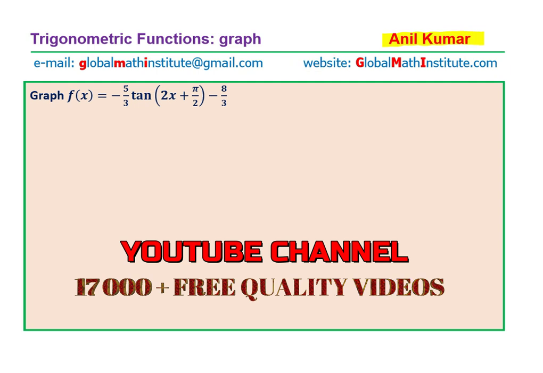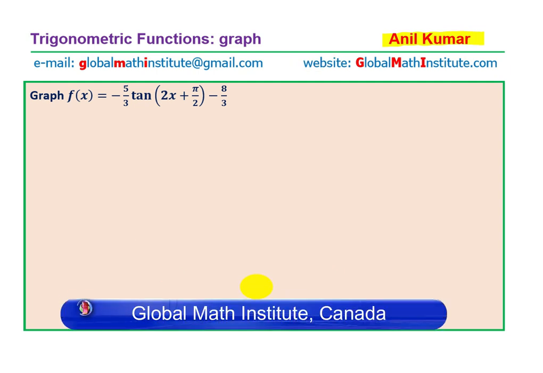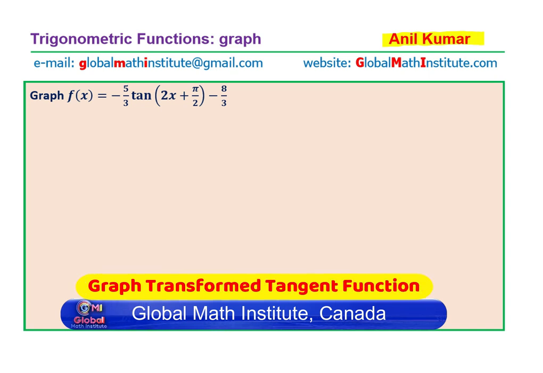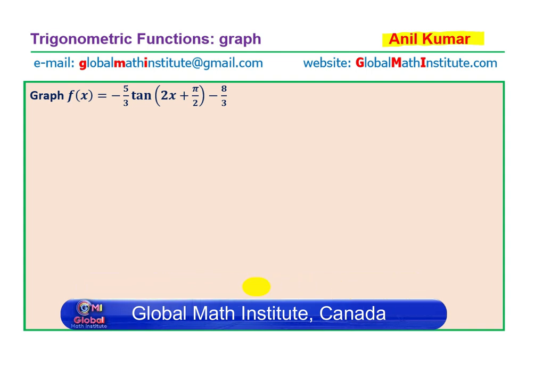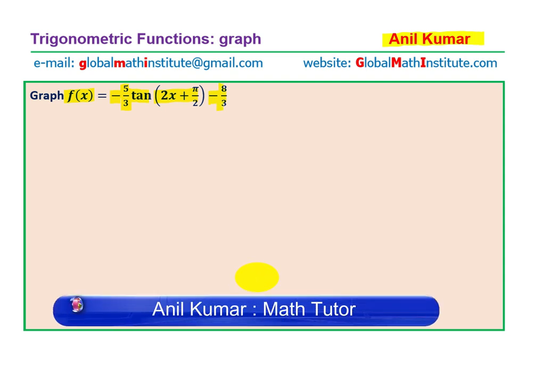In this particular video, we are discussing how do we sketch graph of a transform tangent function. You can explore the playlist to understand graphs of other trigonometric functions. We are given f of x equals minus 5 over 3 tan of 2x plus pi by 2 minus 8 by 3.